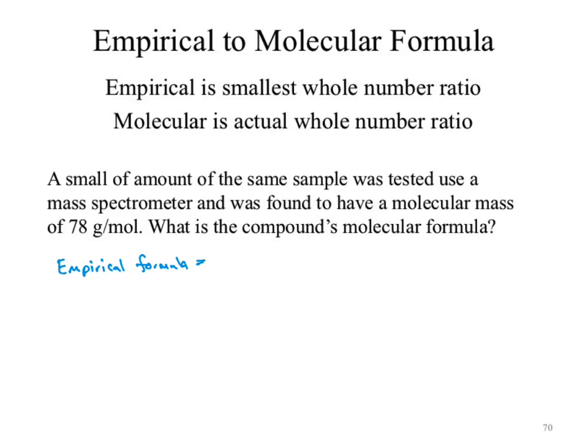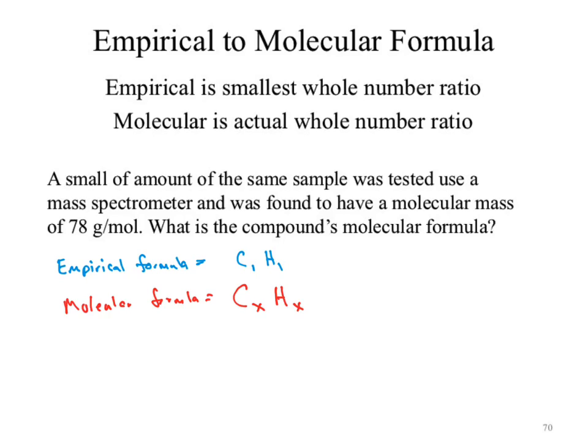Okay, sorry, I'm trying to catch up. The empirical formula we determined was CH, or C1H1. What we're being asked for is the molecular formula. That molecular formula is now CXH. Why X?